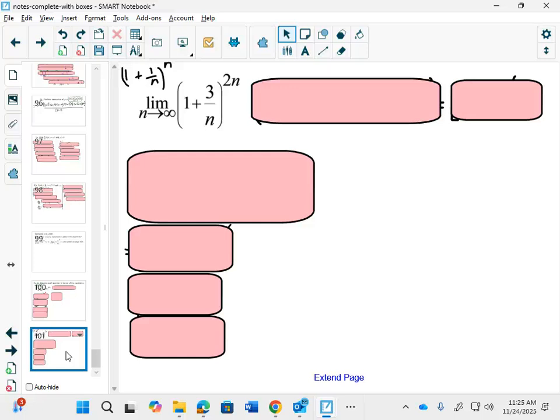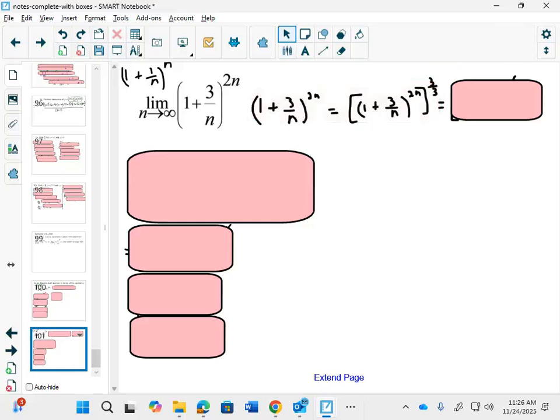So same idea here. We know that if we had 1 plus 1 over n to the n, that would equal e. So I need to get this to match up with that. First of all, I can always put something on the outside.